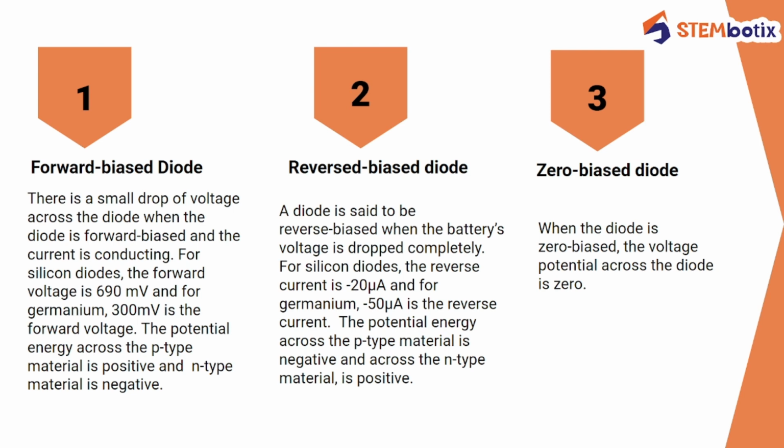So in reverse bias, the connection is reversed. So it is called reverse bias diode. While in zero bias diode, the potential across the diode is zero.